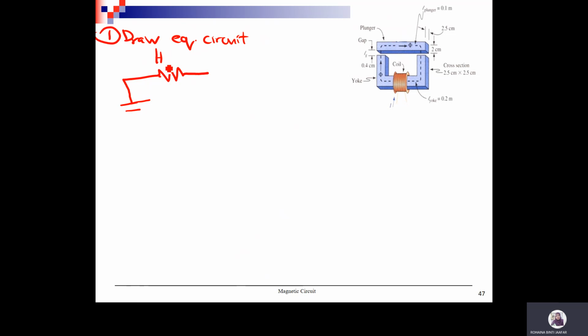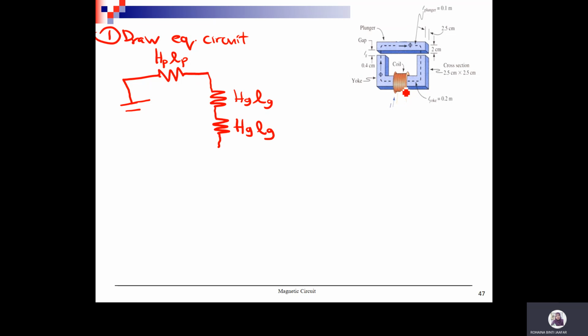This is H plunger and L plunger. Next, here you can see you have two air gaps, at this side and this side, so you have to draw two resistors for your H gap, L air gap. Since you have two, you have to draw two.